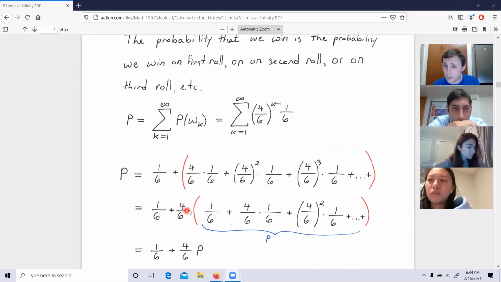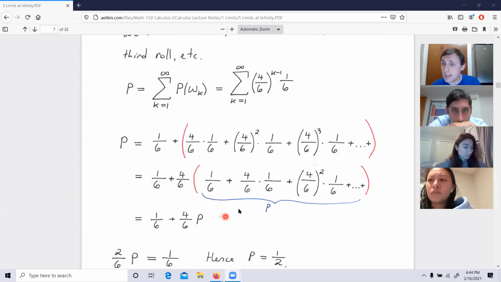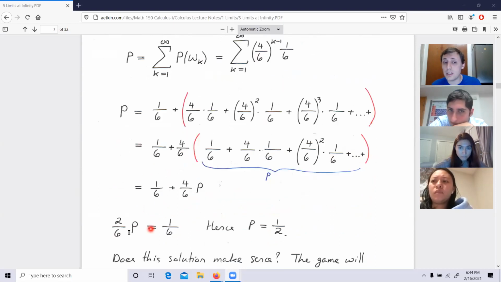I factor out 4/6, and what I have in the parentheses is the probability. So again, it's the same summation we dealt with just a moment ago. Probability equals 1/6 plus 4/6 probability. Solving this equation, I get that 2/6 probability equals 1/6, which implies, just cancel out, cross multiply, whatever you do, and you get probability equals 1/2.